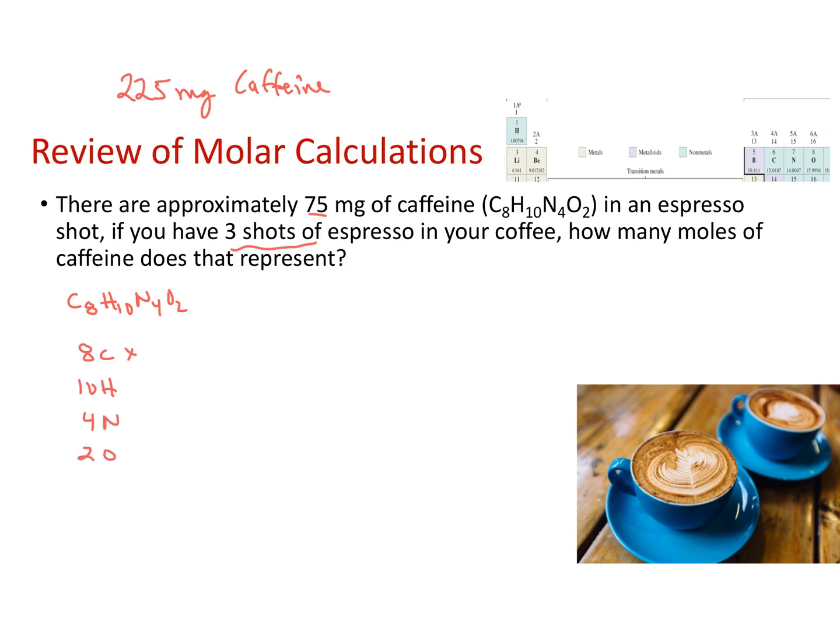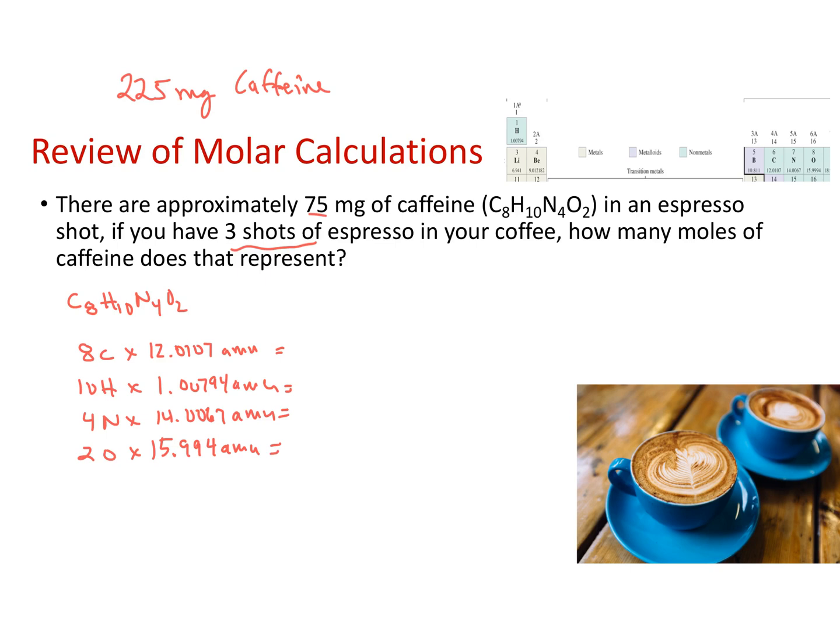I'd go to the periodic table to see that carbon is 12.0107 AMU, hydrogen is 1.00794 AMU, nitrogen is 14.0067 AMU, oxygen is 15.994 AMU.